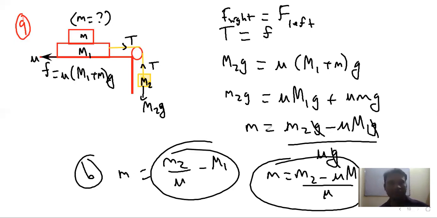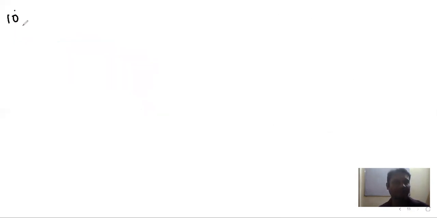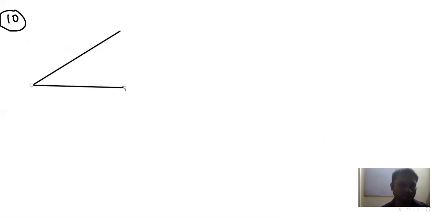Now let us solve the next question, which is question number 10. So in the 10th question, we have an inclined plane like this. And there is a pulley on the inclined plane. And we have a thread.